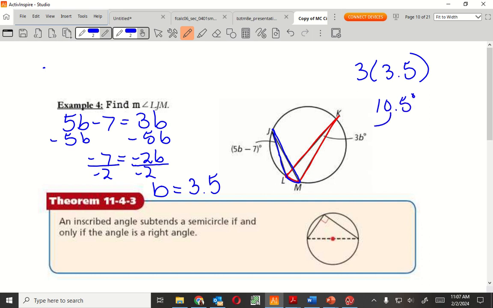So this angle right here is 10.5. That one is the inscribed angle.